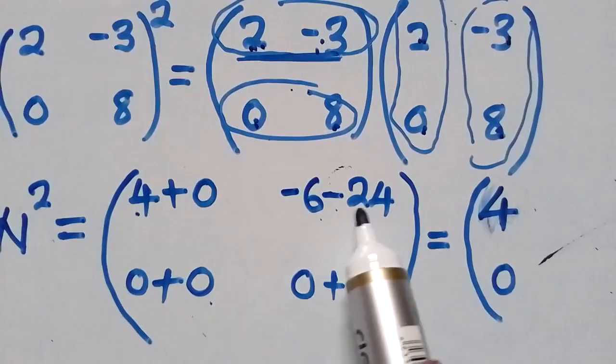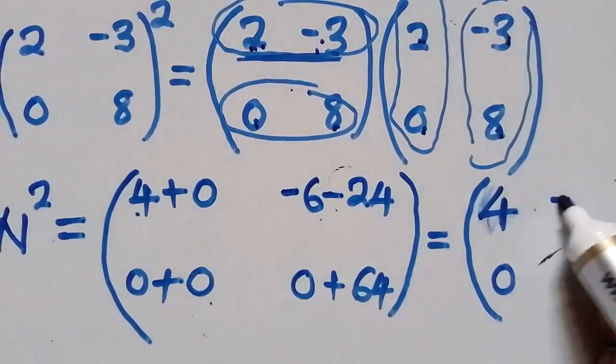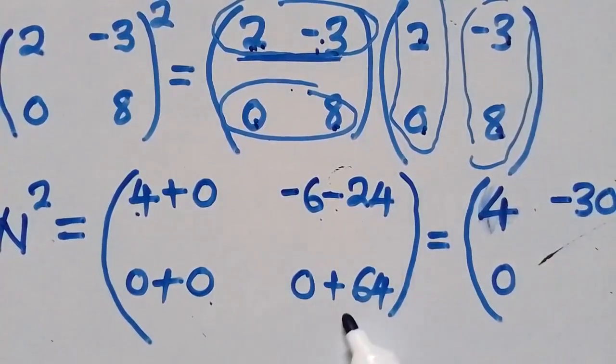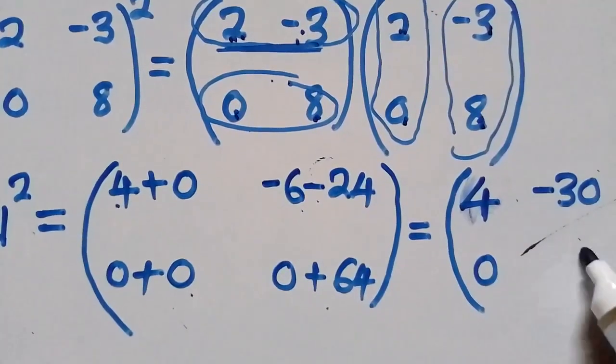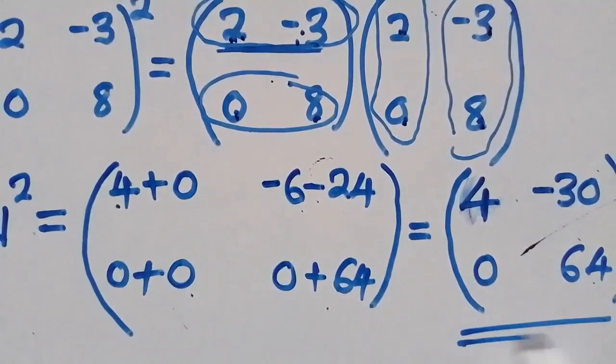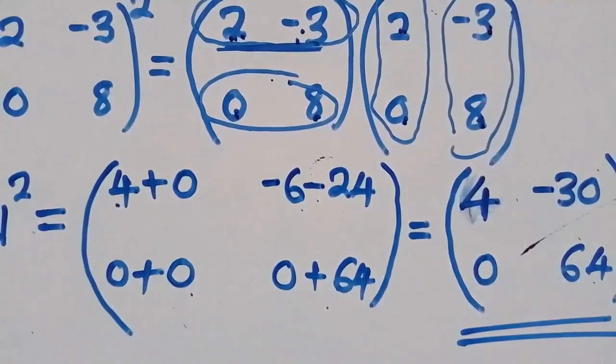Same signs you add, then maintain the sign, that is negative 30. I move here. 0 plus 64 is 64. You are done. That's how you need to work out this one.